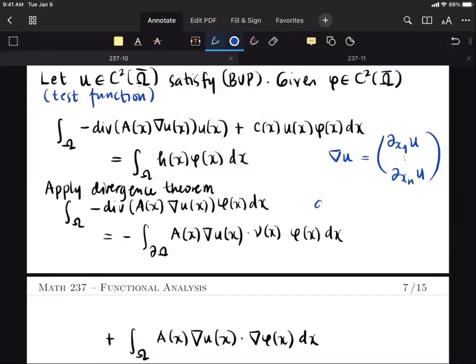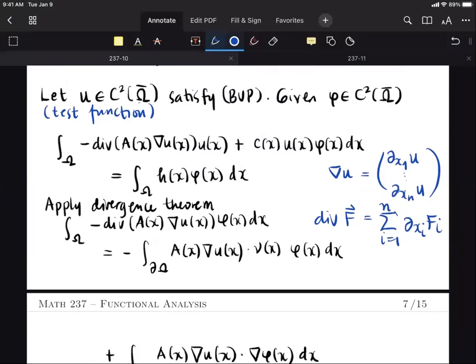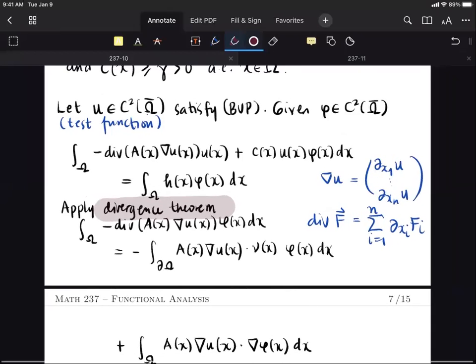And here, the divergence of a vector field is just the sum of the derivatives. So the ith derivative of the ith component of your vector field, i from 1 to n. So use the divergence theorem in order to rewrite the first term in the following way.